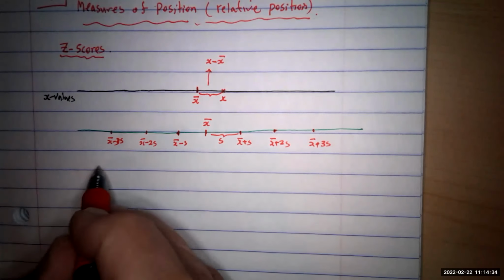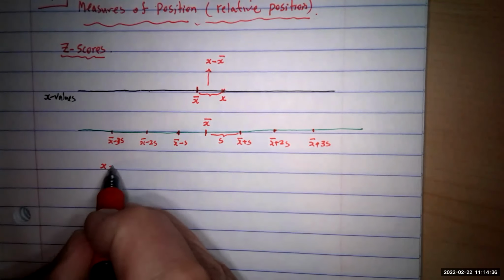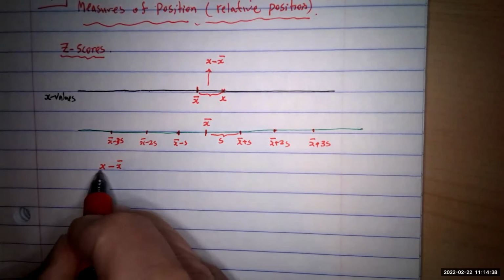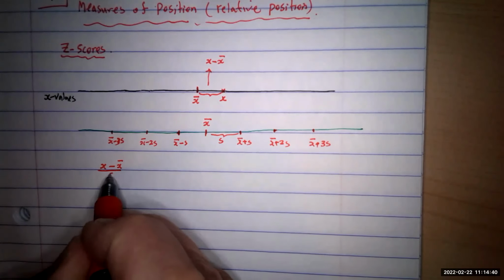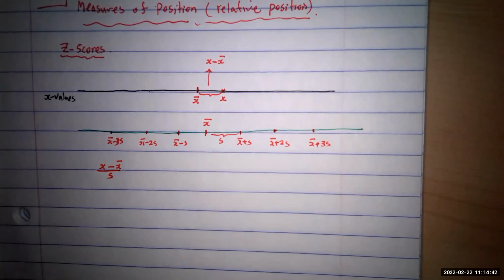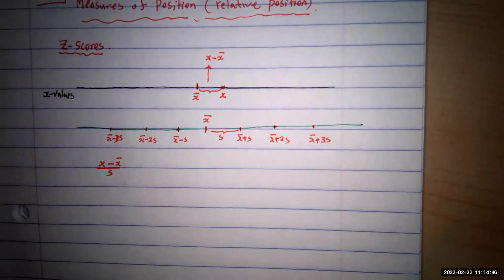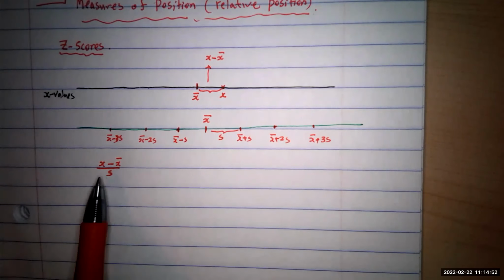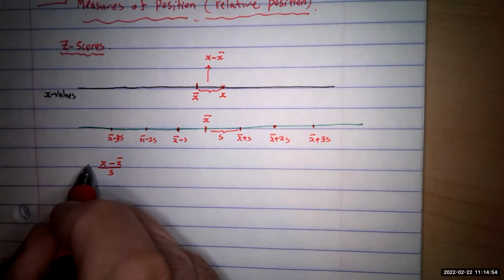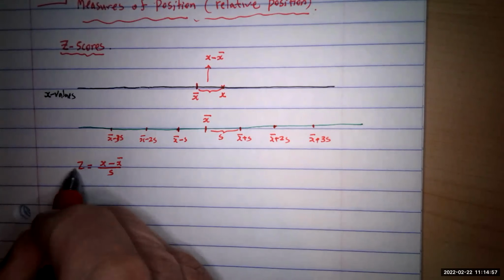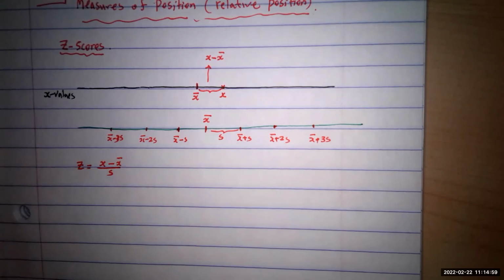If you divide X minus X bar by S, that will tell you which portion of the standard deviation this X minus X bar is. This portion of the standard deviation, I am going to call it Z.